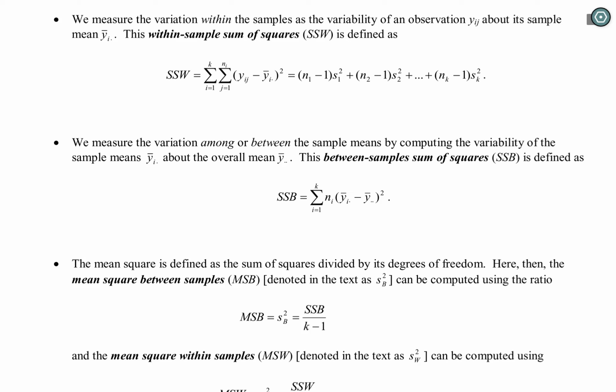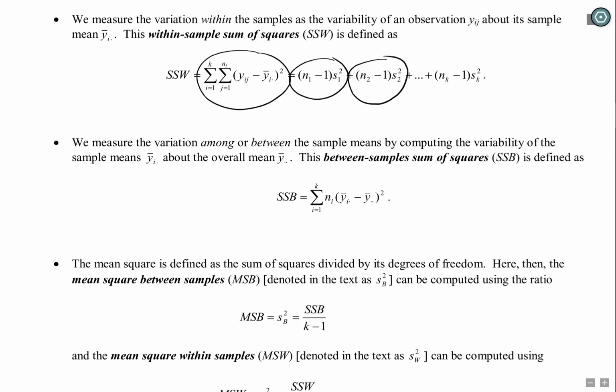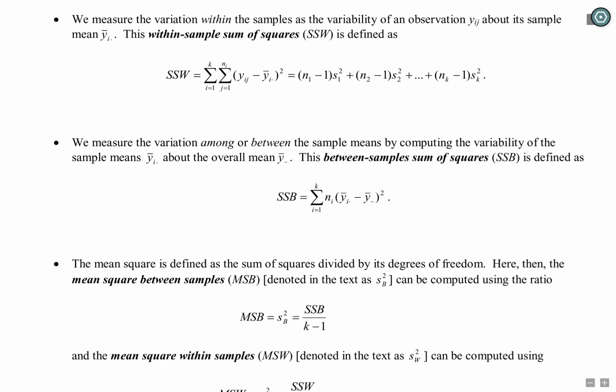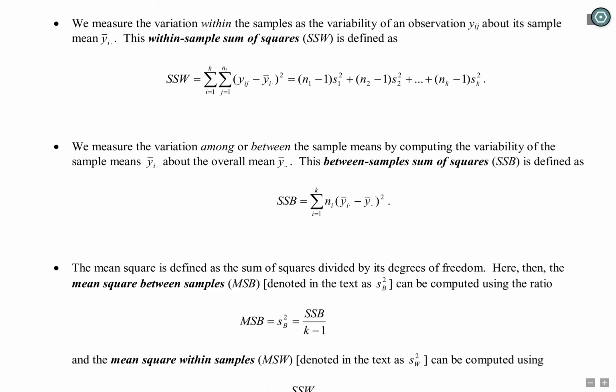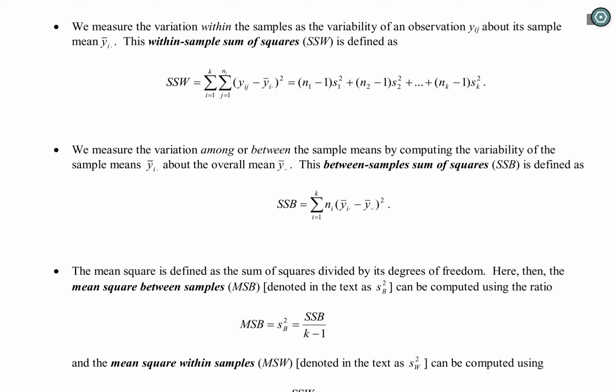And so it turns out that mathematically this quantity can be written as n1 minus 1 times the sample variance for the first sample plus n2 minus 1 times the sample variance for the second sample, all the way up to nk minus 1 times the sample variance for the last sample. Okay? So this is an important quantity. It describes the variability within an individual sample.